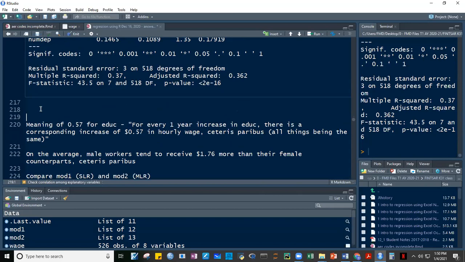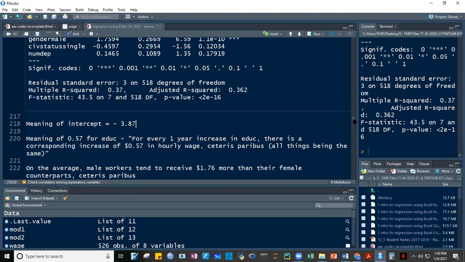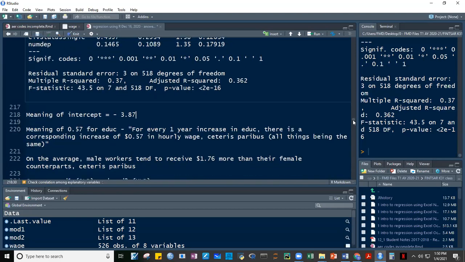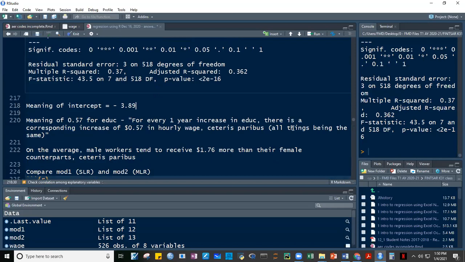Okay. Let's look at this. Meaning of the intercept, which is equal to negative 3.87. We should understand this. Negative 3.88, actually. 3.89.